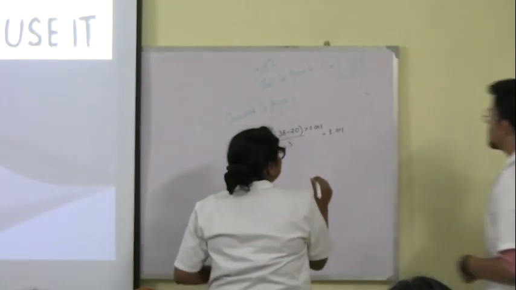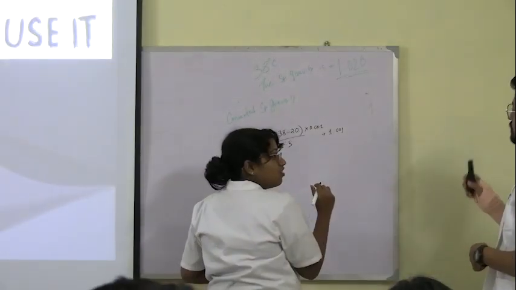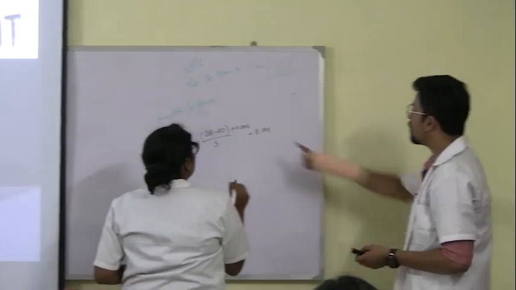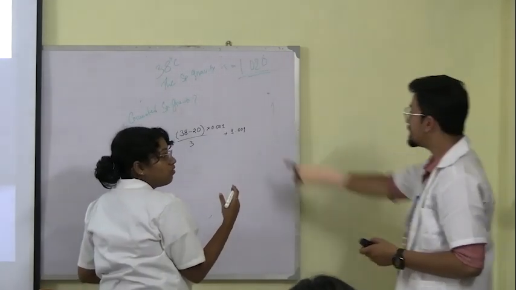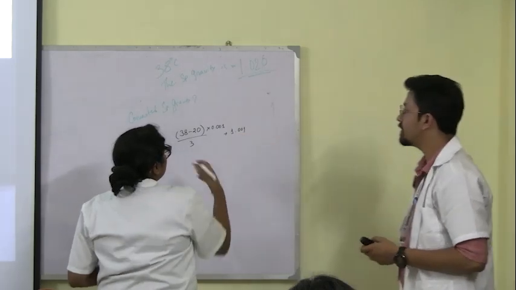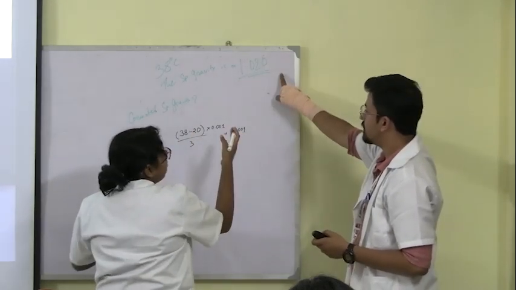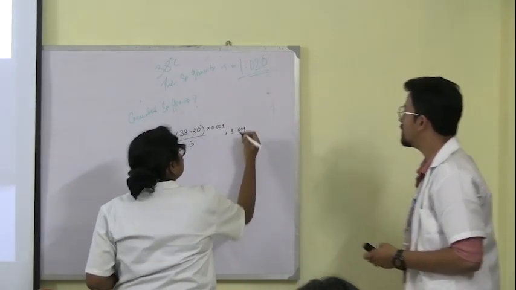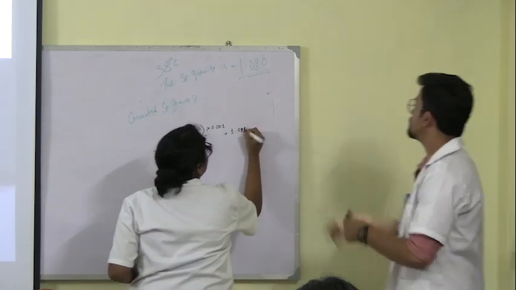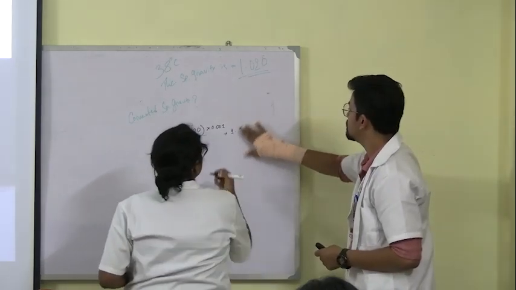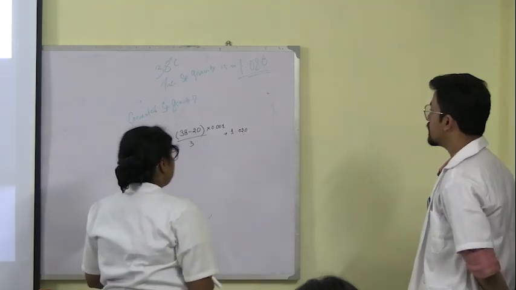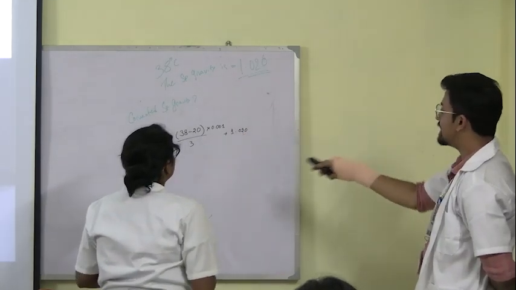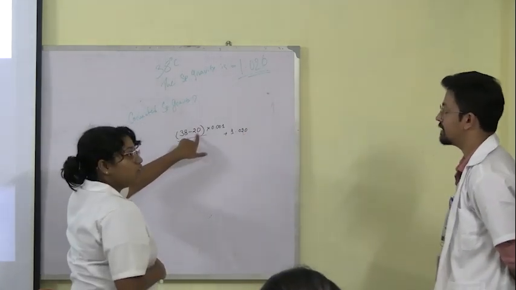Tell me this first. Don't add something which you are not understanding. Why did you write this? This is the specific gravity. Which specific gravity? That is already measured. So you should write this much. Yeah, fine. Now tell them why you did this part. What is the explanation?